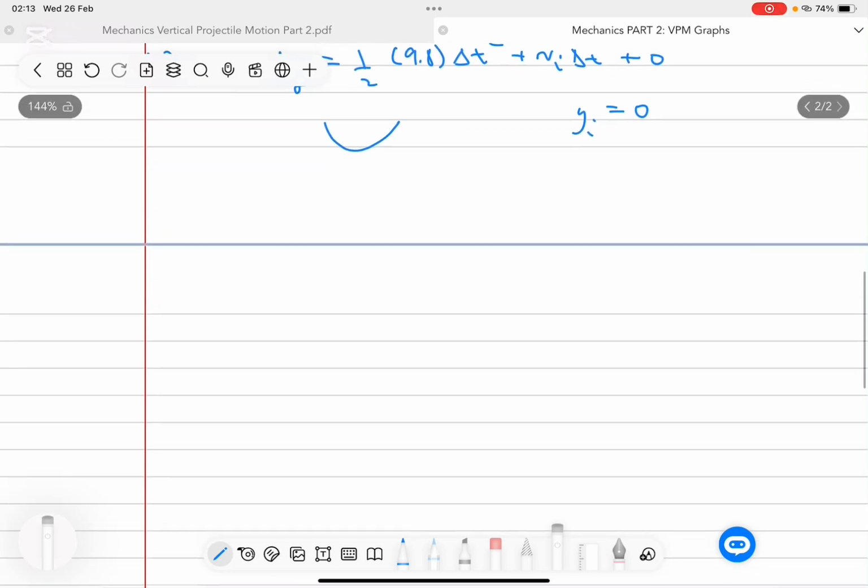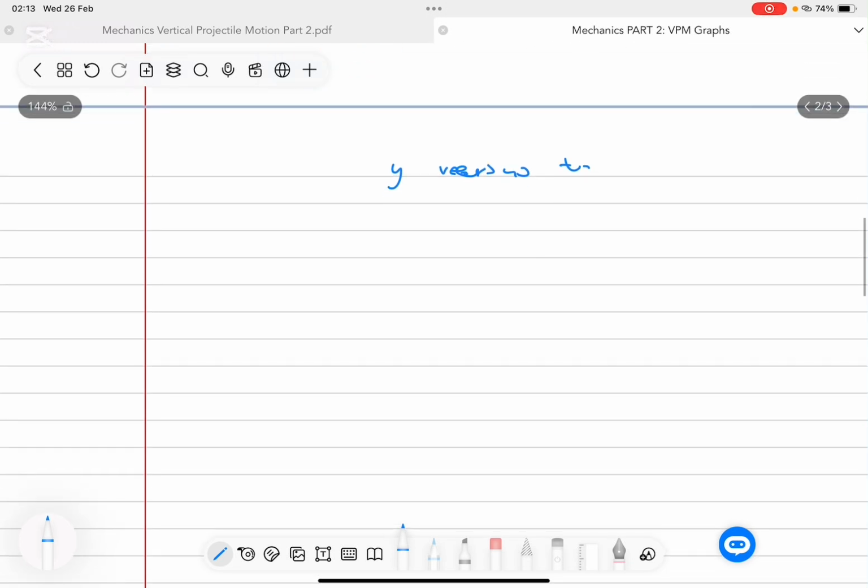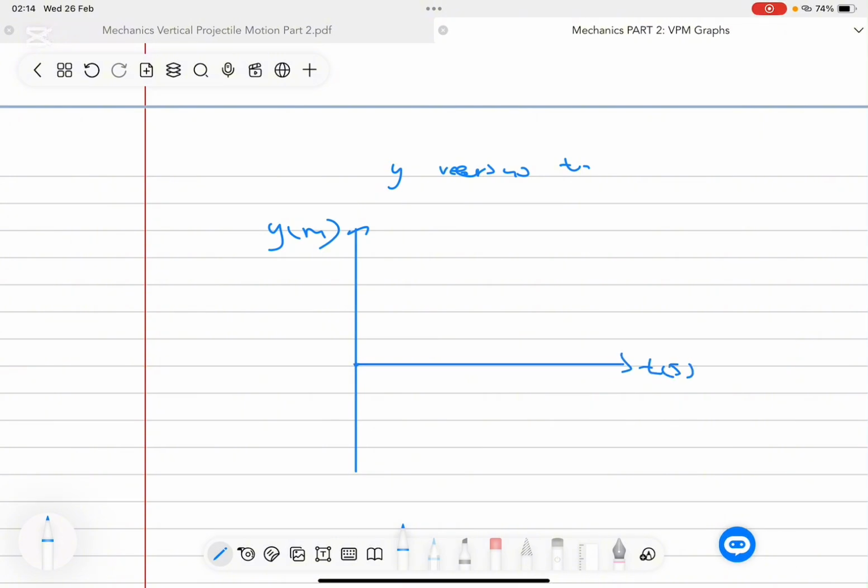Now if I put all this information on my position versus time graph, I will have a Cartesian plane that is sitting like this, where I have y measured in meters, because we said y, the position, would be the dependent variable, and on this side we're going to have the time measured in seconds.